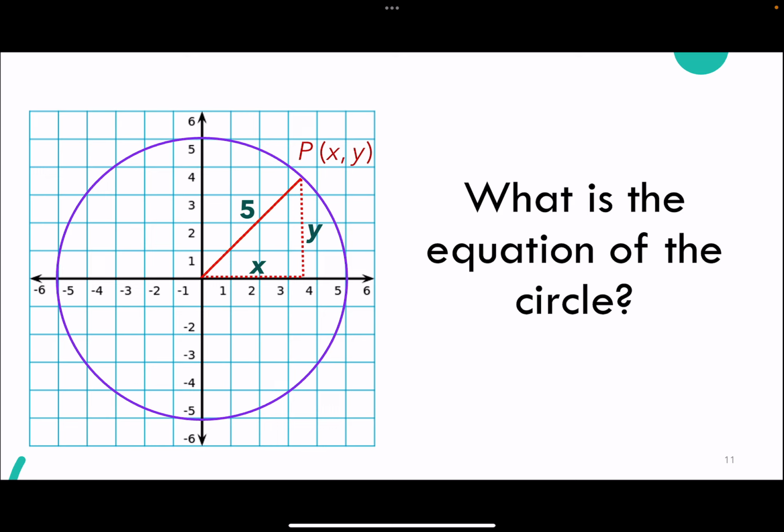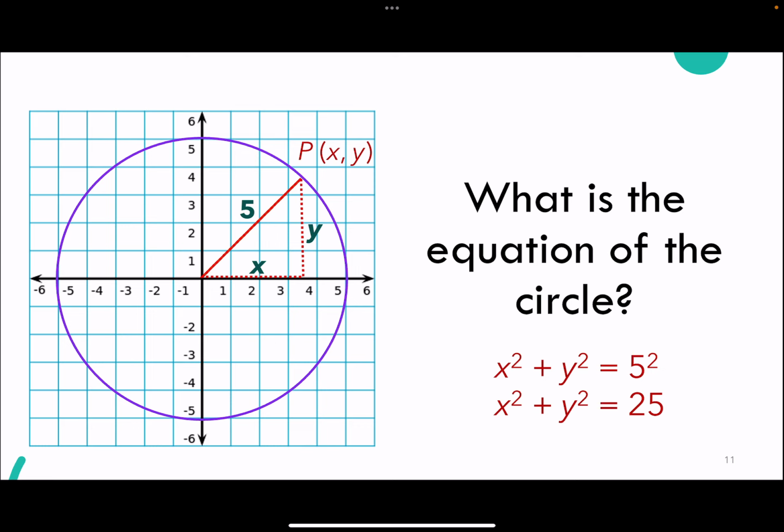What do you think will be the equation of the circle? Okay, I'm starting from the origin. So we have this triangle here. So using Pythagoras again, we have a squared plus b squared equals c squared. So that's where we have x squared plus y squared equals 5 squared. And 5 squared can be expanded to 25. So in other words, the equation of this circle will be x squared plus y squared equals 25.